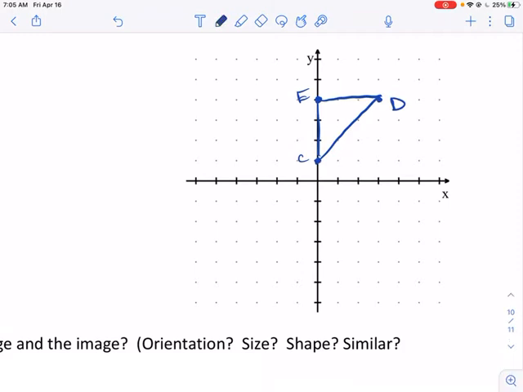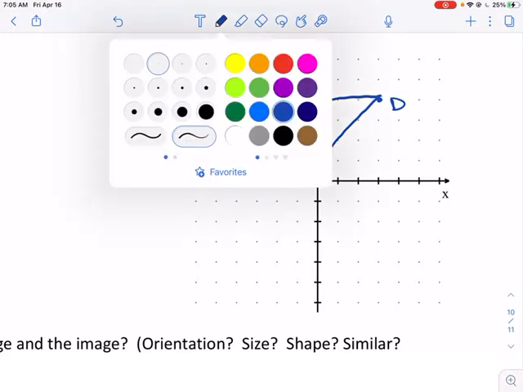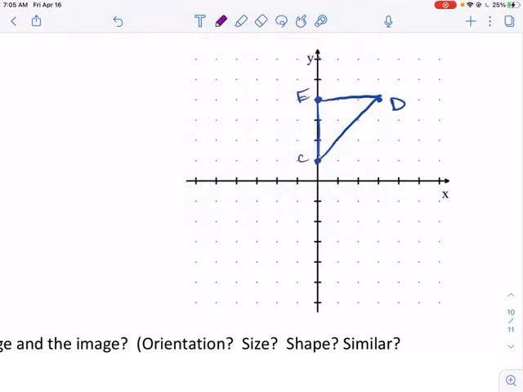Okay, so I'm just going to take each point and move it 2 up from where it is. I'm going to change colors so that this is a little easier to see. So we're going to put E prime right there. And then D prime moves 2 up. And C prime moves 2 up. So this is my new triangle.